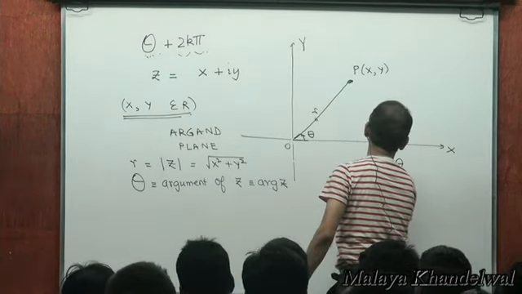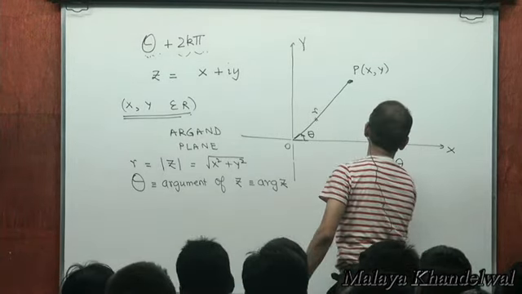Tan inverse y by x is one of the values of the argument. But with the same argument you can have multiple complex numbers, isn't it? Say there is a point P here. This represents a complex number ZP. There is a point Q here. This represents a complex number ZQ.